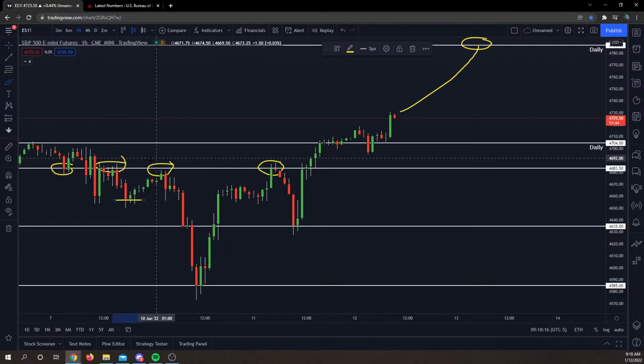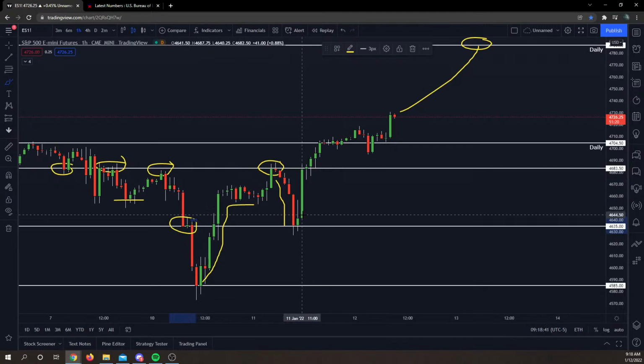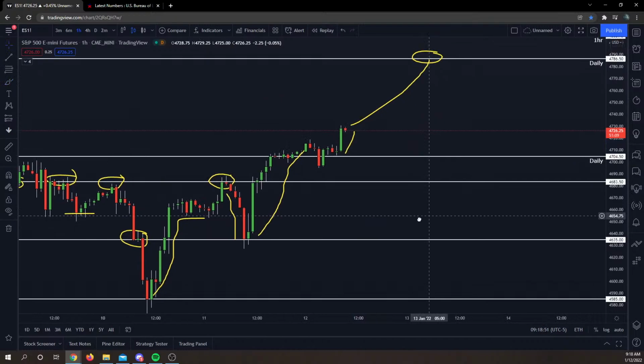We came back up, couldn't even retest this resistance again, and flushed all the way down to 45.85, a little bit lower, 45.73 with the wick. Then we started to pick back up again, consolidate again, and still couldn't break over this resistance. We had to retrace once again back to the support level from before. Now we're over this resistance level, we're over this other resistance level, we retraced, and now we're over it again. So this is pretty bullish behavior.